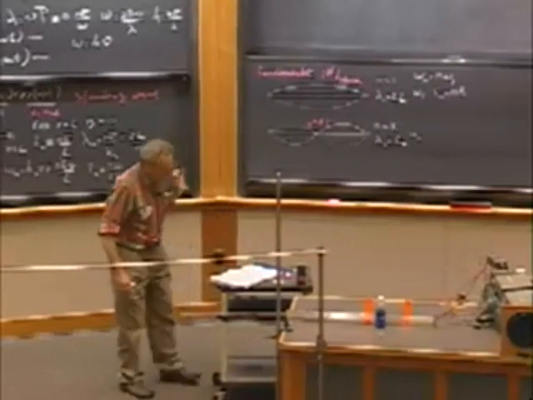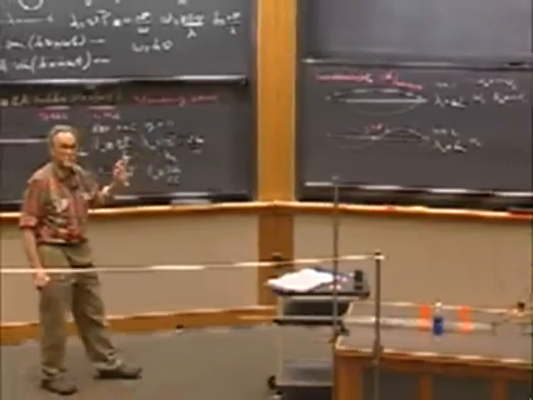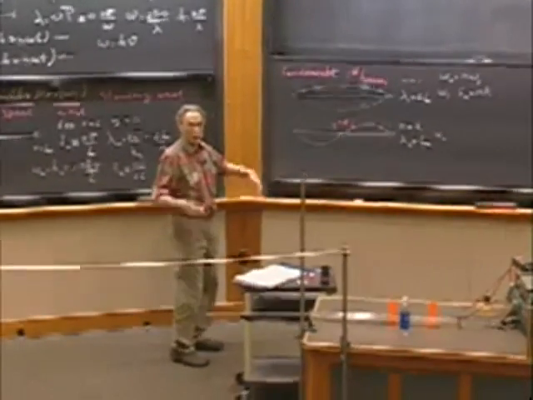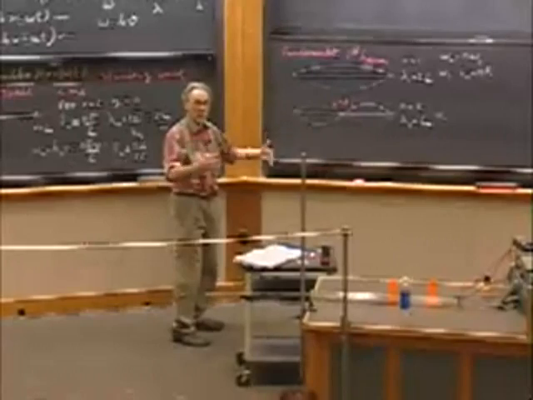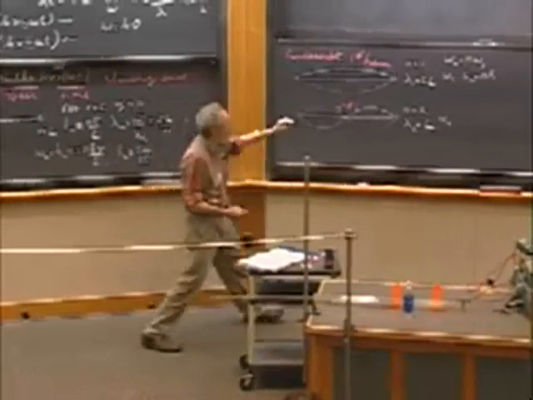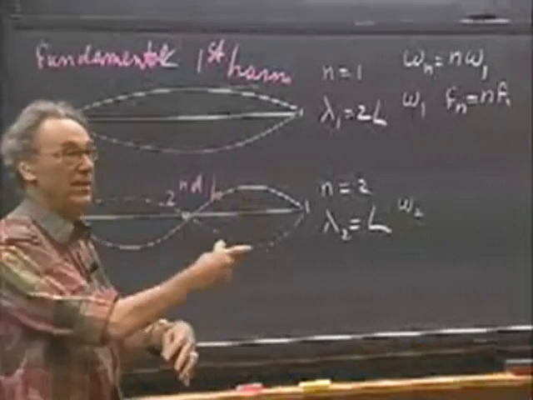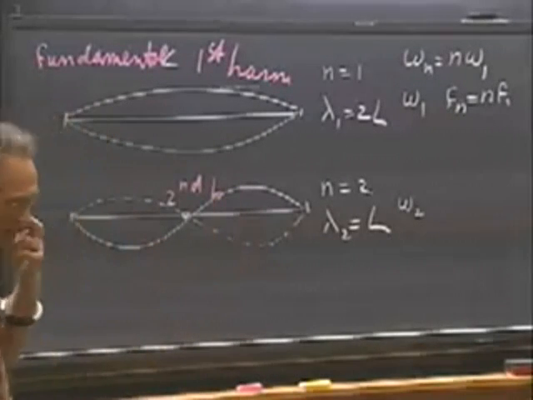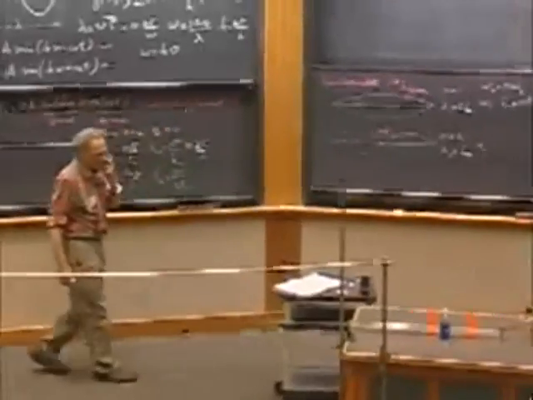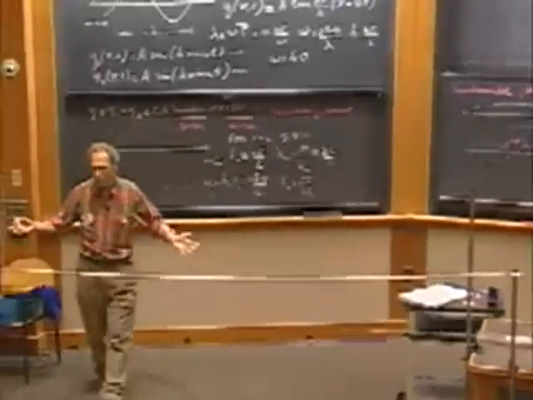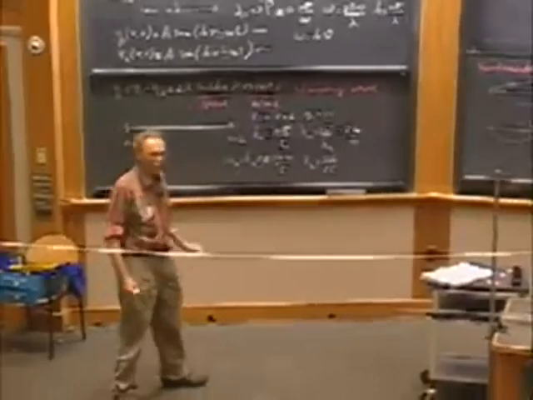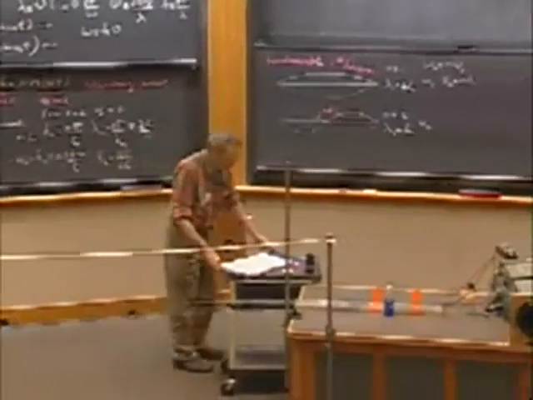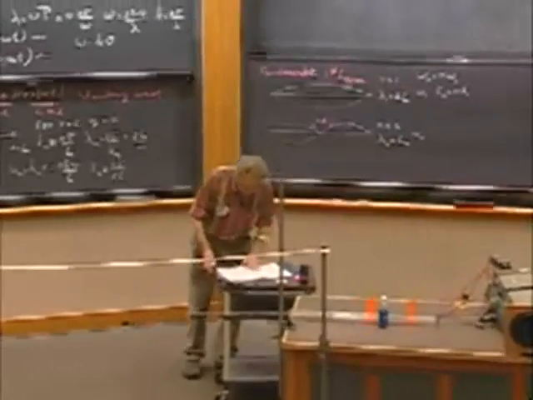And if I drive these at these discrete frequencies, which are set by the boundary conditions, then the system will react very strongly, will go into resonance. You build up a huge amplitude because you keep feeding in waves and they keep coming back, so the whole thing starts building up. And that is the idea of resonance, and normal modes are one and the same. So that's the normal mode of these strings fixed at both ends. We also refer to them sometimes as natural frequencies.